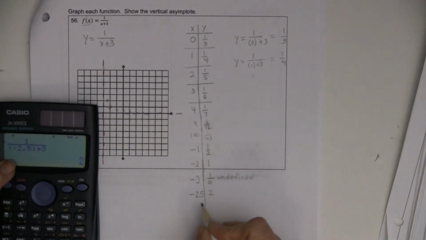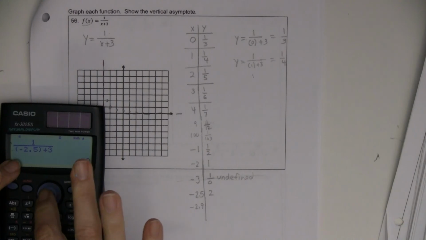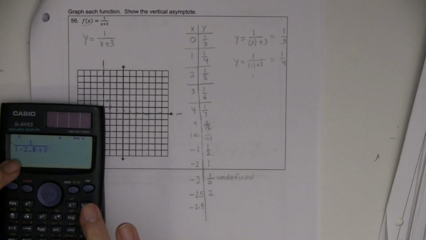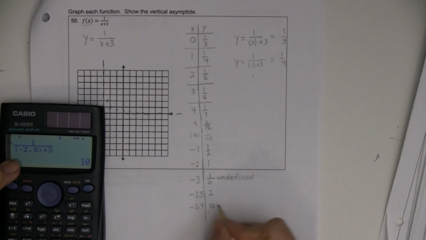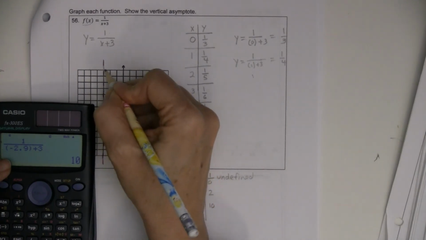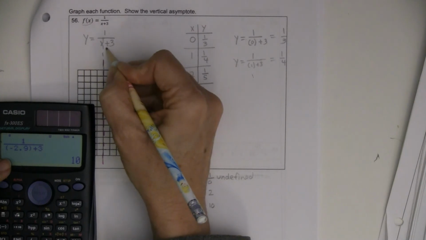I'm going to plot it. And then what if I got closer? Like -2.9. So I'm going to fill in here. And I get 10. So -2.9, that's 7, 8, 9, 10, right?